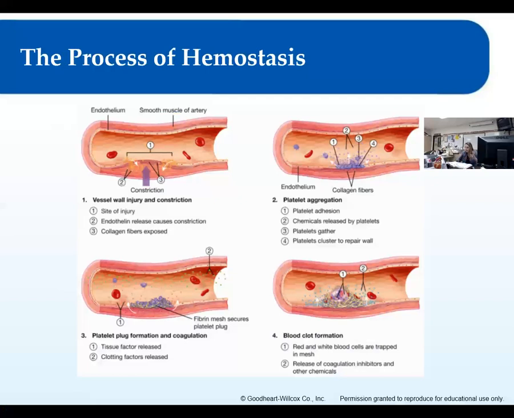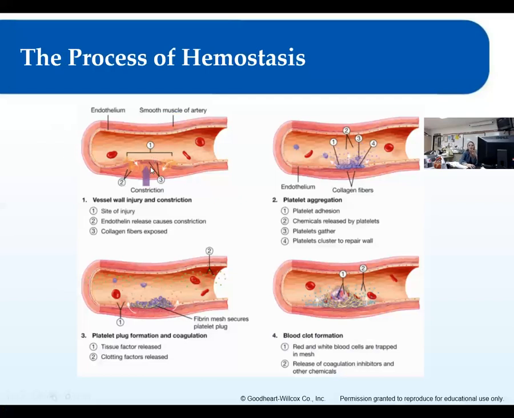Endothelin causes constriction of the blood vessel and causes the muscles around it to spasm, kind of close off, so that it can limit the amount of blood loss. That's what the hormone endothelin does. Now, at that point, you have collagen fibers exposed underneath the endothelium, that inner lining of the blood vessel.